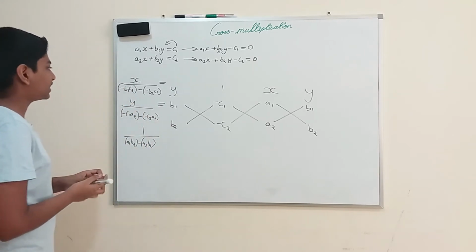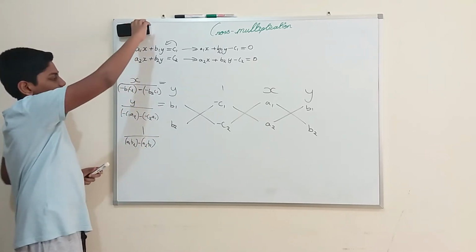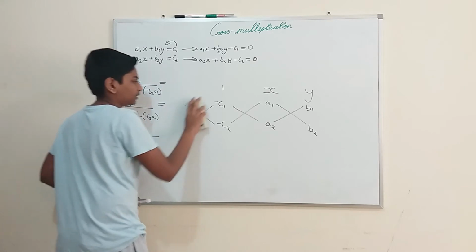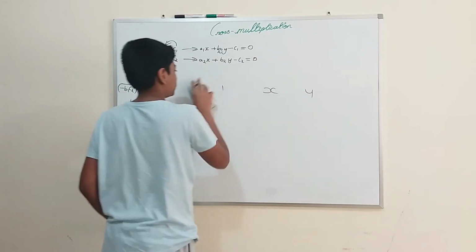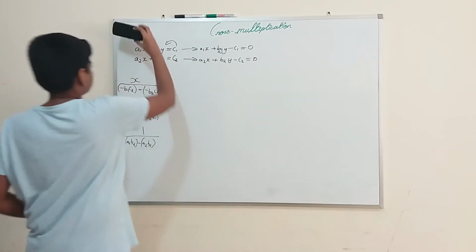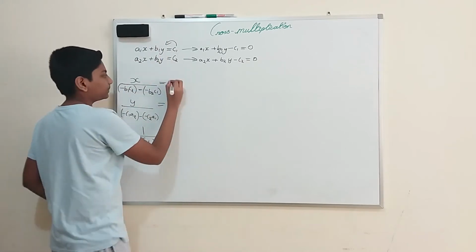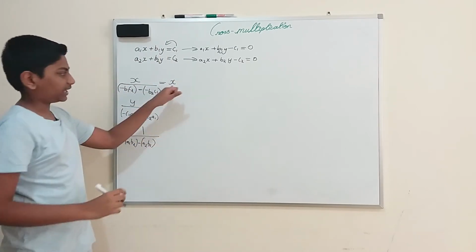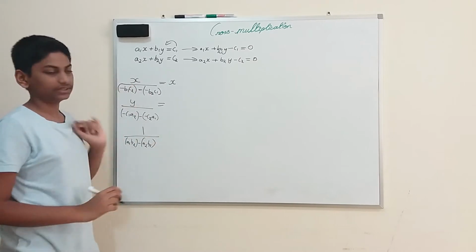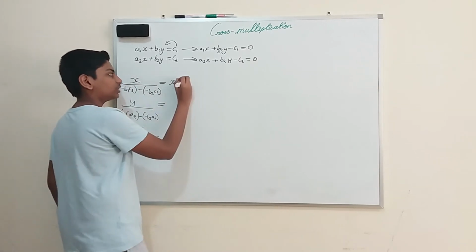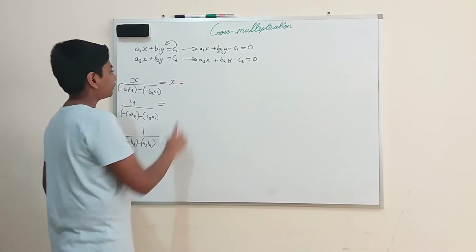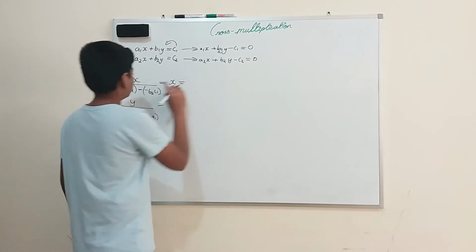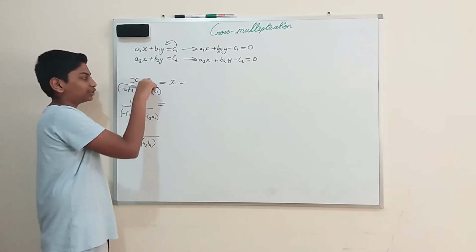Now we got what we need, so we can just erase it over here. So X will be equal to, I need the value of X. For X, the denominator of X will become the numerator.